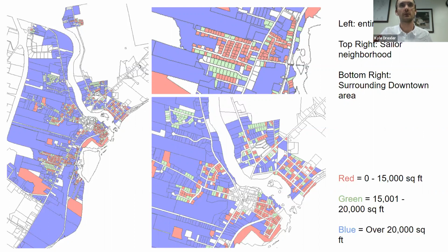So it just really shows that most of our existing residential neighborhoods are prime areas for housing, are just non-conforming and don't match what our ordinance is showing.